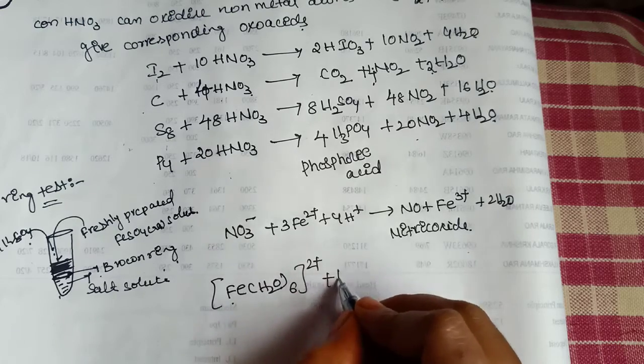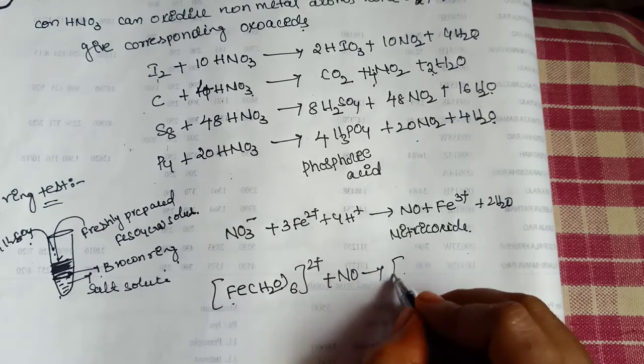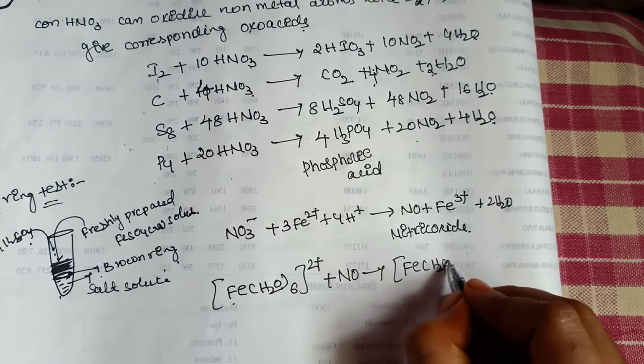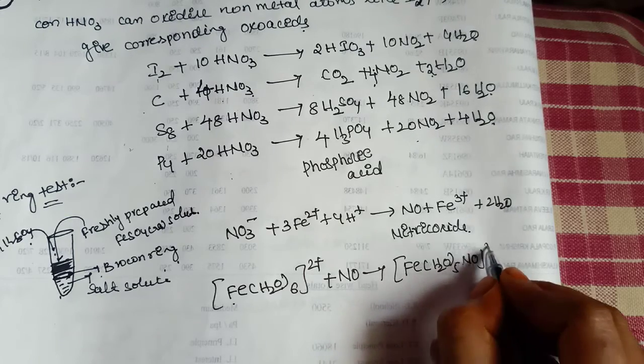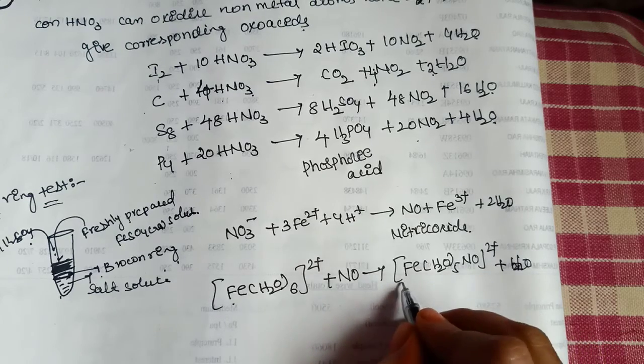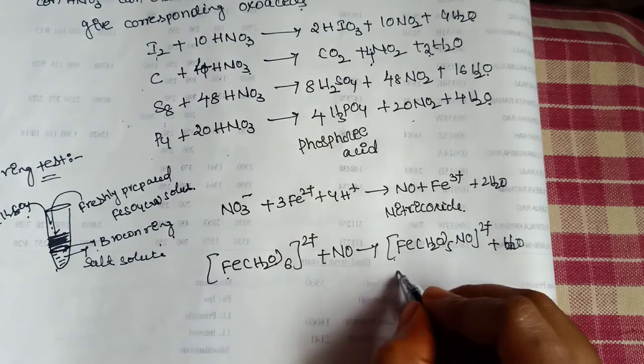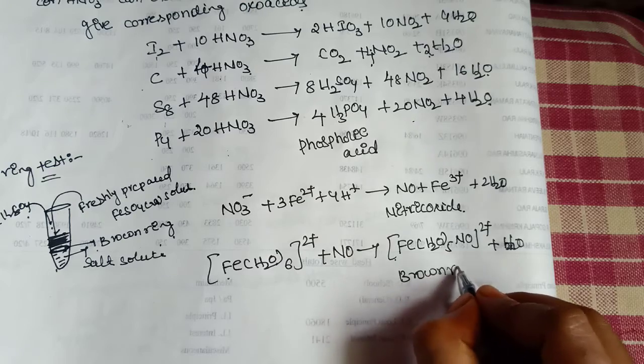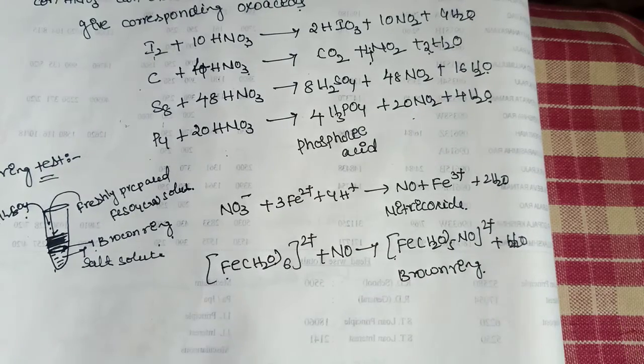This complex reacts with nitric oxide to give [Fe(H2O)5NO]2+. Due to formation of this complex, it exhibits a brown ring. Are you able to understand?